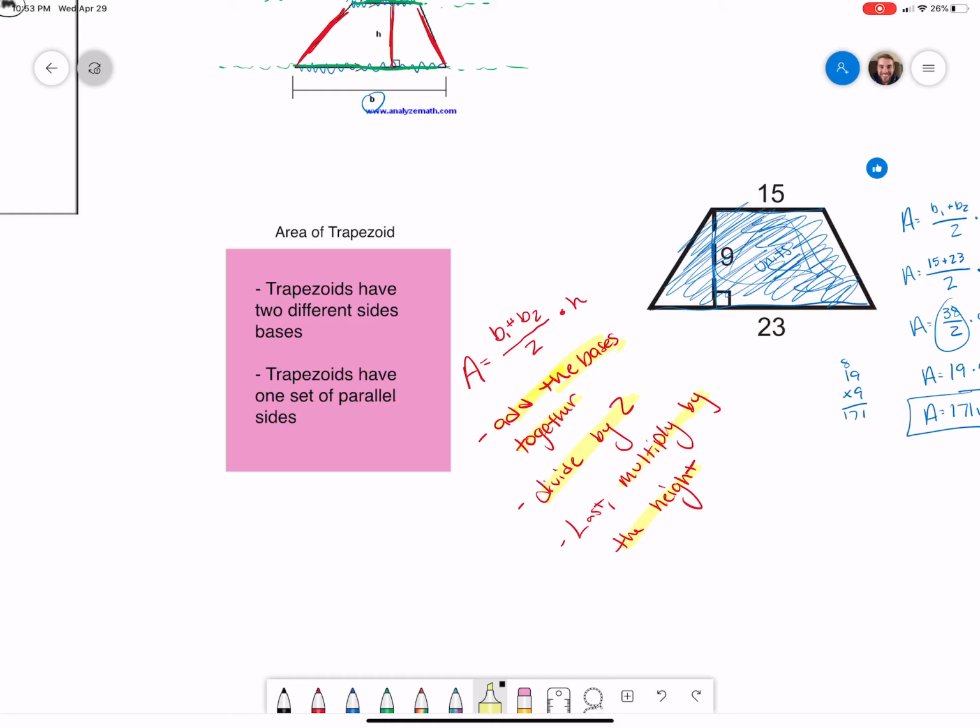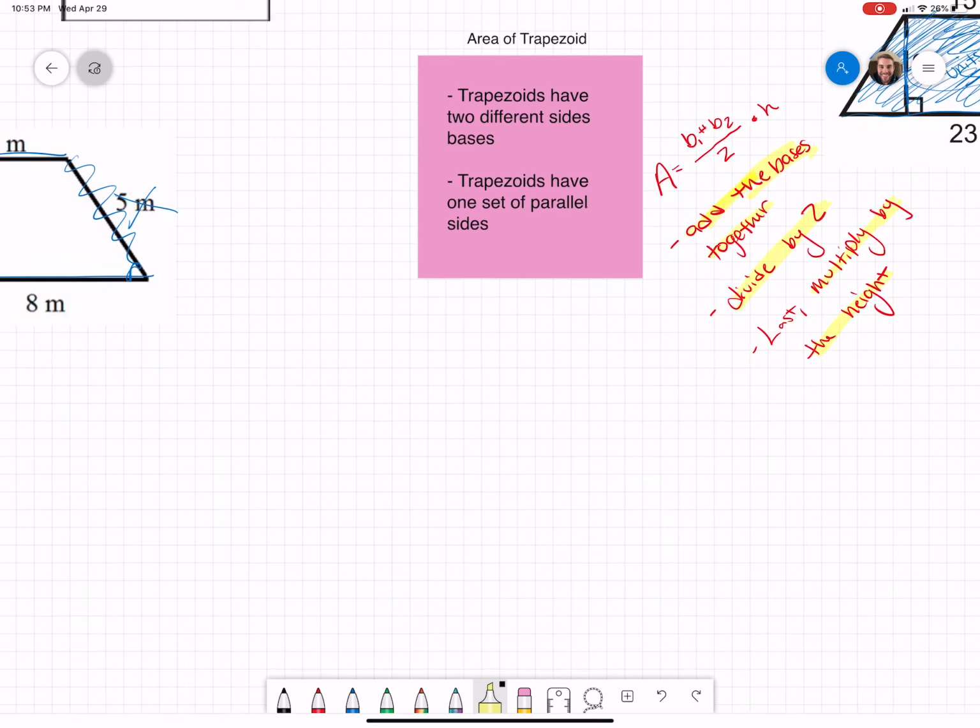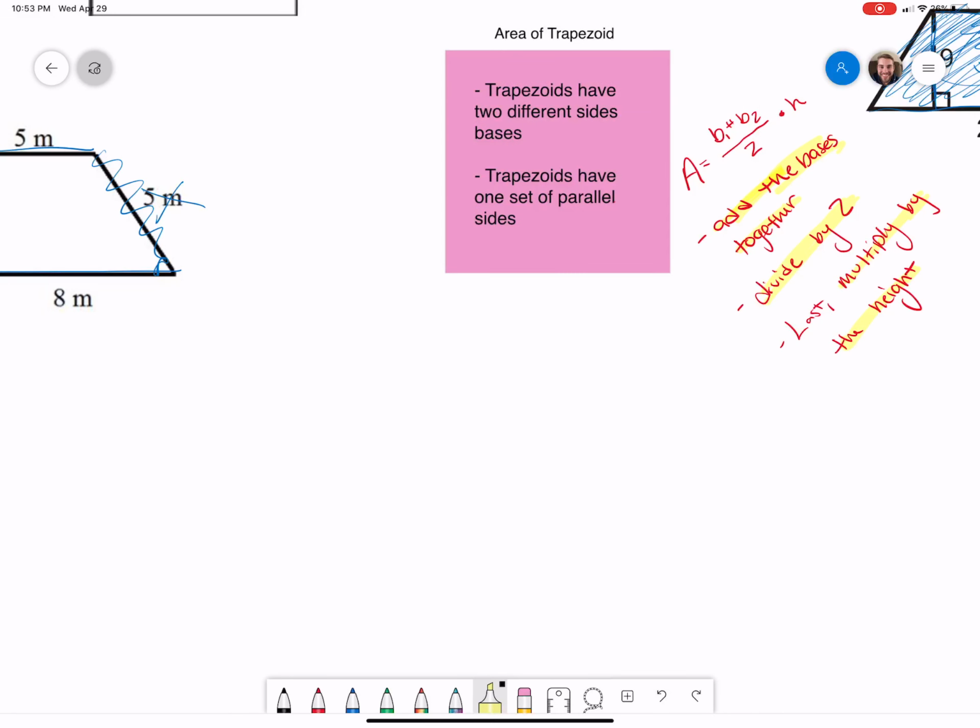Refer back to the other video I posted earlier this week on Monday talking about area of triangles and parallelograms. That will be a good refresher before your quiz test tomorrow. Remember, it's just 12 questions. So practice today. You've got quizzes that you're going to be practicing. I'm going to throw in trapezoids, but I'm also going to have area of triangles and parallelograms in there. So make sure you know all 3 formulas. I'll write them out so you can see them on here.